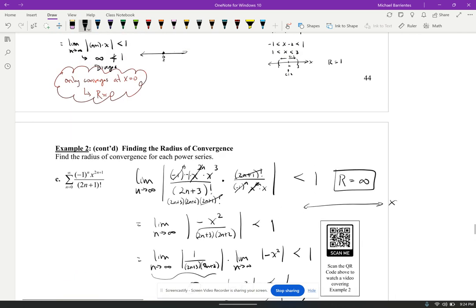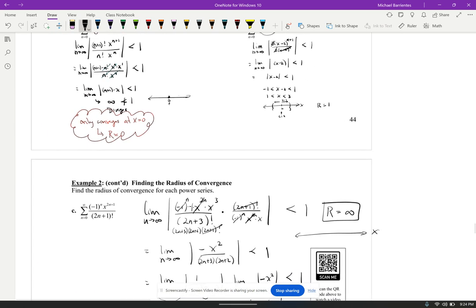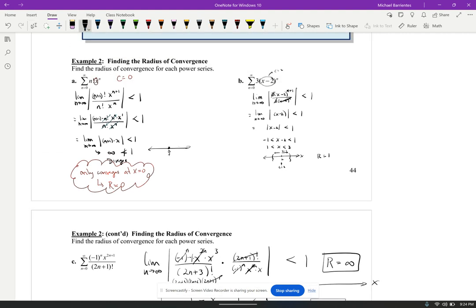So here I have 3 different cases. Problem C says the power series is convergent for all real numbers, right? So my radius goes on forever. Whereas A tells me that the radius is 0 because there's only one point. It doesn't stretch out. And letter B says the radius equals some number, some value, because it's a window around the center point.